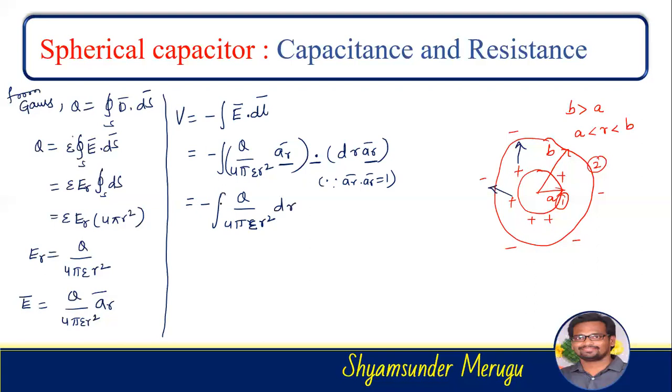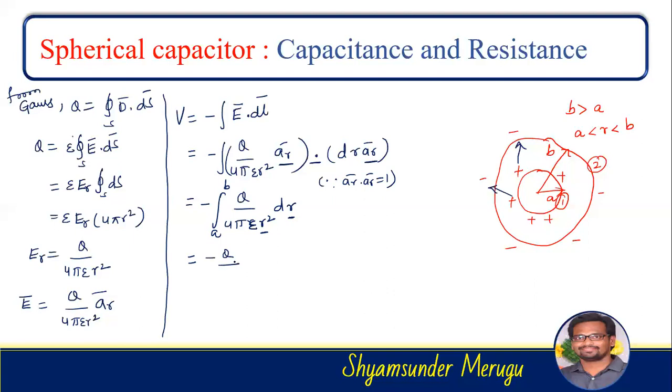Now to look for the integration, we have to see the direction of the flux. The flux is moving from positive to negative. That means we are moving from sphere 1 to sphere 2, that is from A to B. So here the integration is with respect to r, so all the remaining terms will be treated as constants.